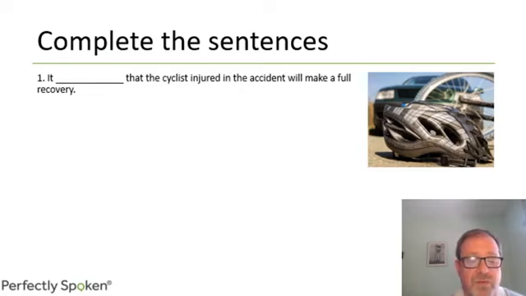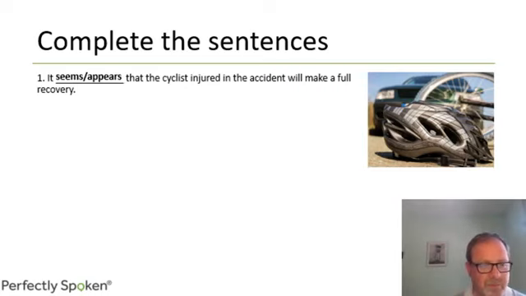We can only use one word to complete these, because obviously you could say it is believed, etc., but we want to only use one word. And of course, pause the recording if you need time to think. It seems, or it appears, that the cyclist injured in the accident will make a full recovery.